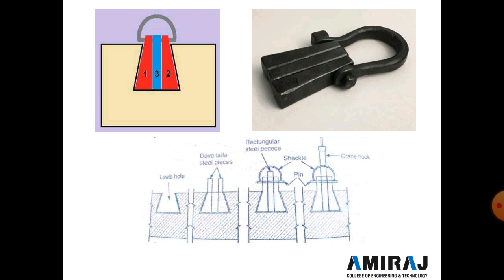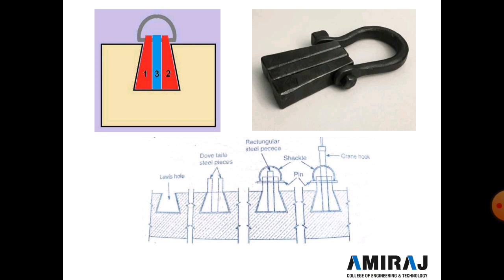So the deviated hole is made first in the stone. The dovetailed steel pieces are inserted in the hole, and then rectangular steel pieces are driven between them. So see this figure, two dovetailed pieces of steel are inserted, seen in red color and blue color in the figure.